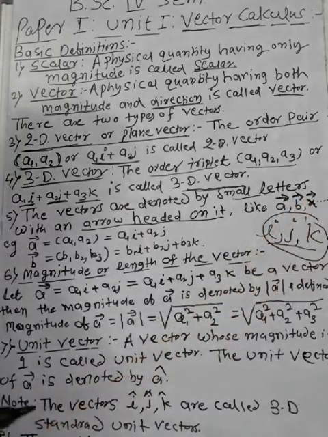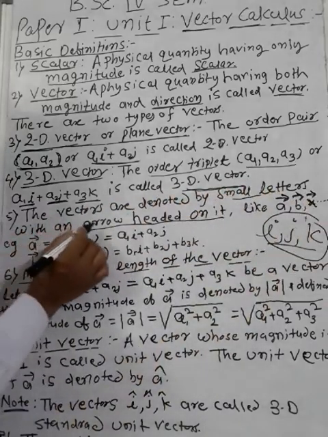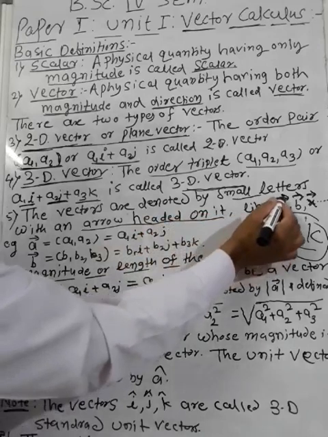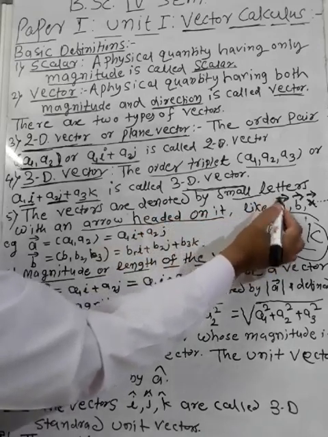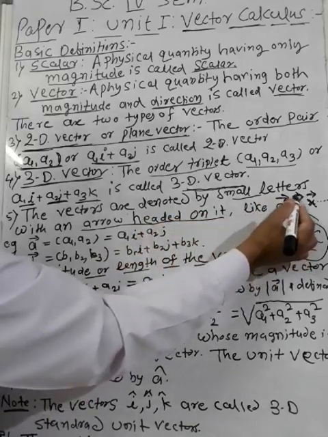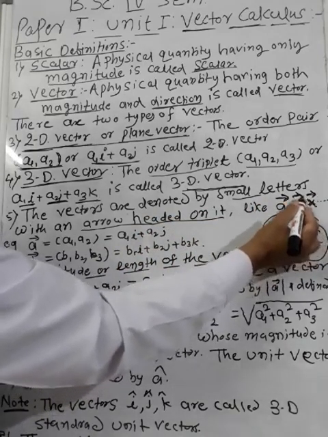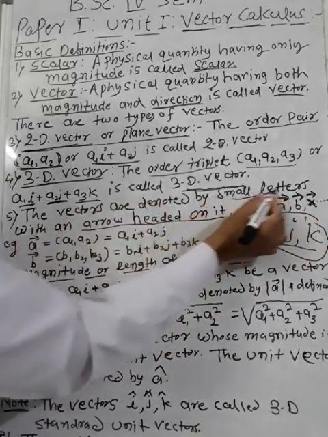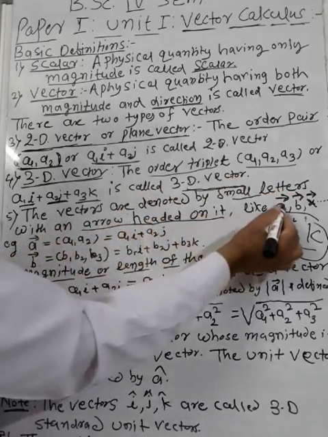That is, vectors are denoted by small letters with an arrow on it. Like a with an arrow is read as vector a, vector b, vector x.